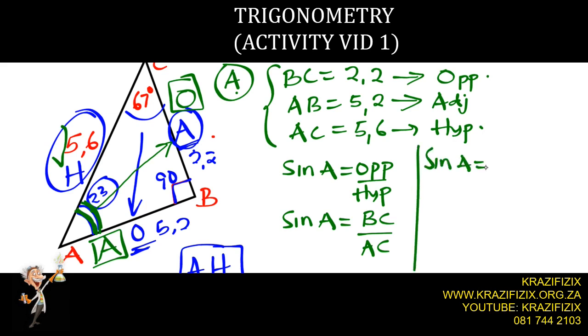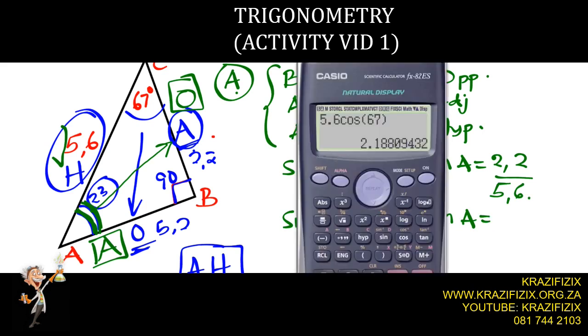What is BC? 2,2. What is my hypotenuse? 5,6. We're doing this so that we know how to get our ratios, our angles. So I do have this 2,2 divided by 5,6.